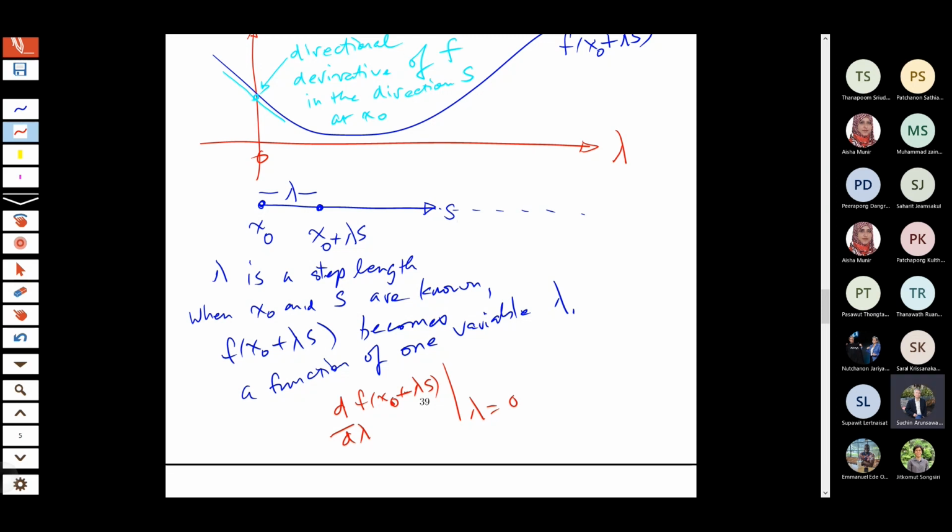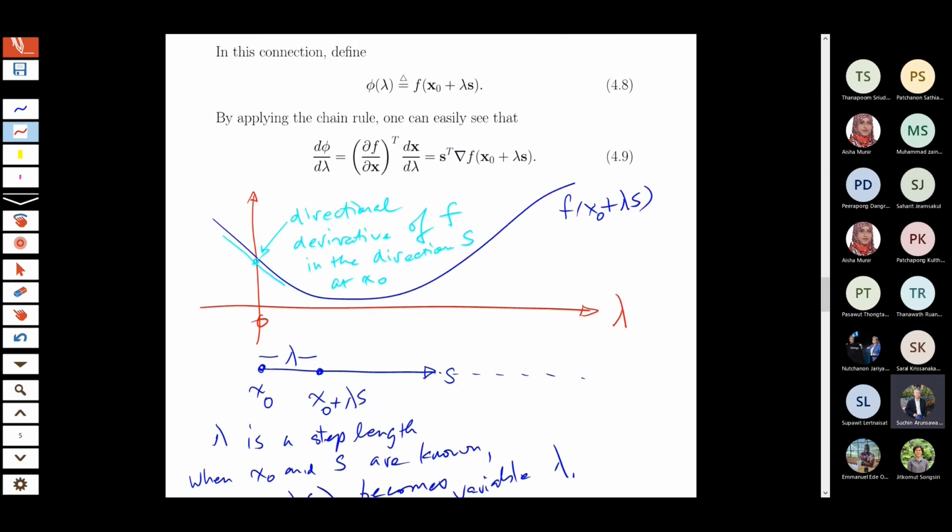Okay, you will find later that apart from the slope at the point where lambda is 0, we are also interested to know the derivative of f of x naught plus lambda s with respect to lambda for other values of lambda as well.